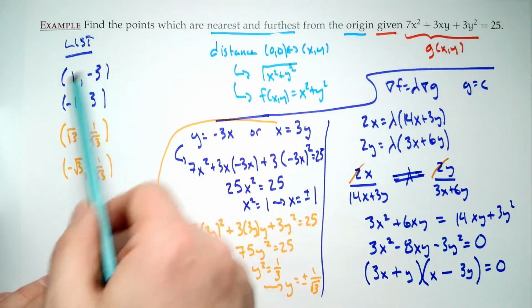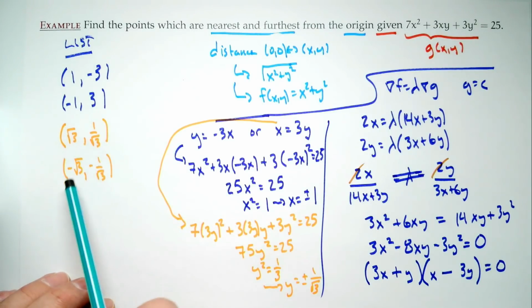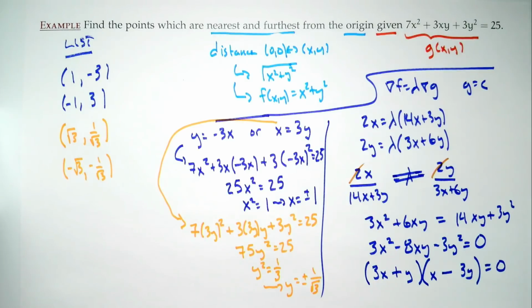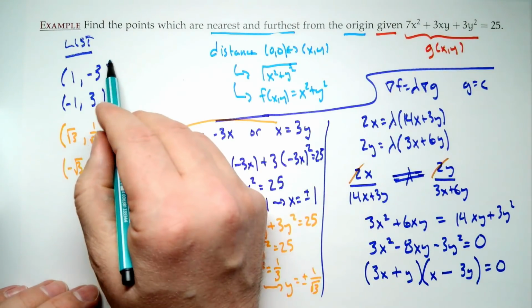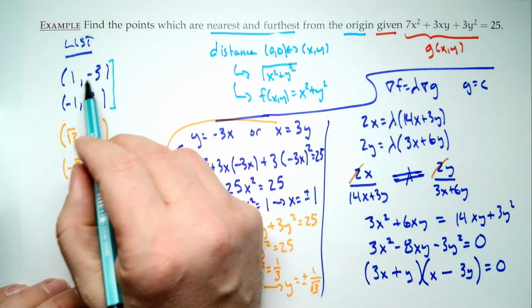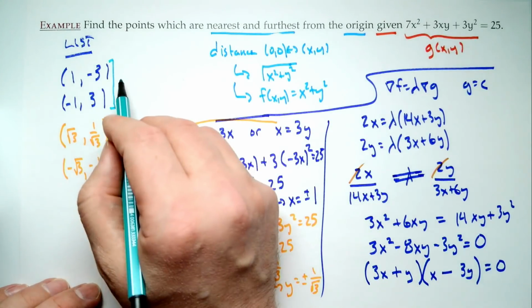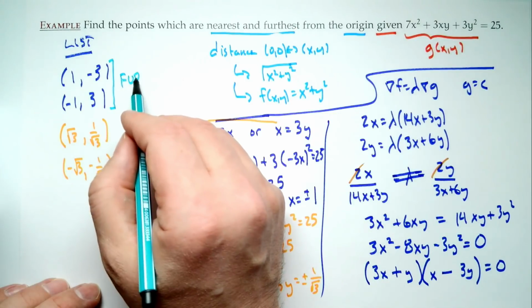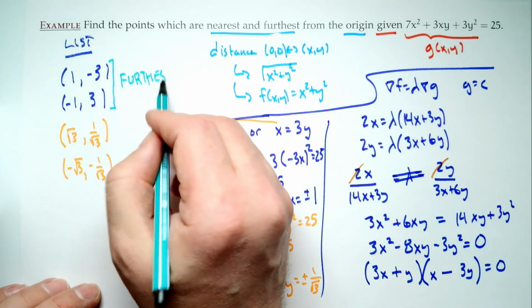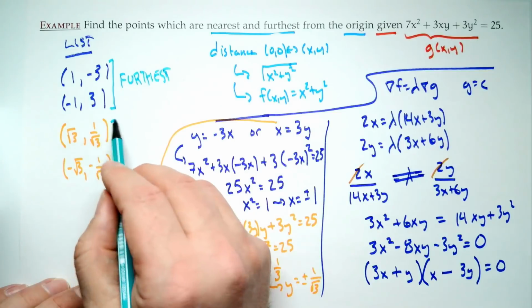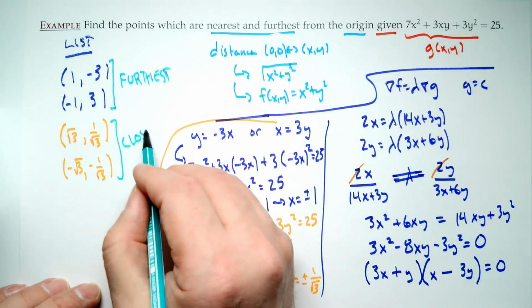So you get 10 from here. Here you get 3 plus a third, or 3 plus a third. Well, 3 plus a third is 10/3. So the answer is that these first two, 1, negative 3 and negative 1, 3, are the points which are furthest. And the second two are the points which are closest. And that's the answer.